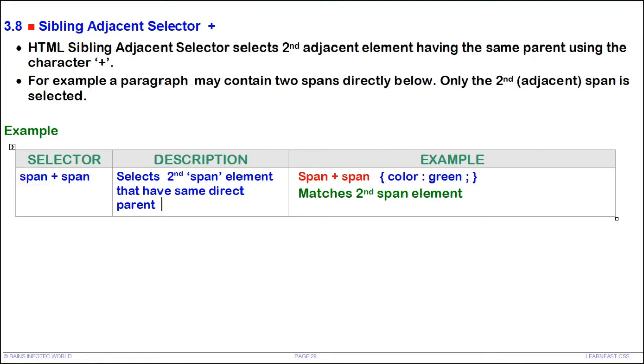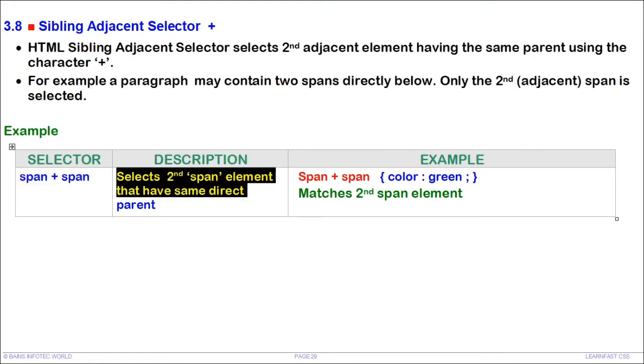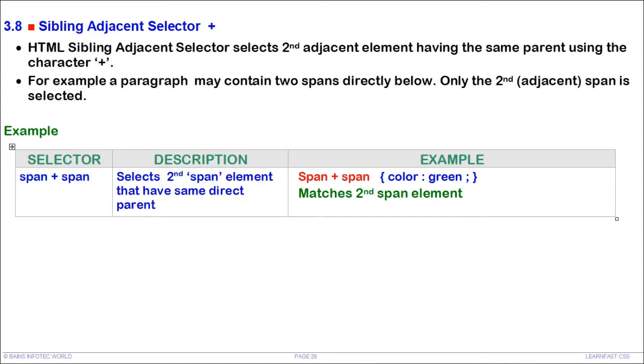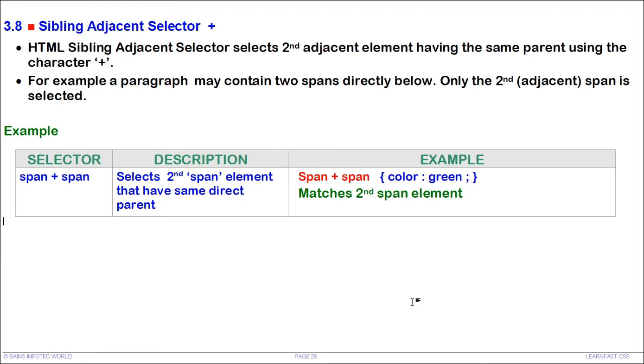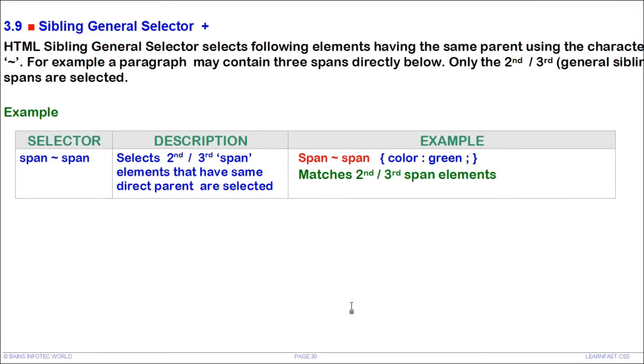So this means select the second span element that has the same direct parent. So span plus span will select the first level span element, and it will select the second span element as specified by the rule. Sibling general selector is a plus sign.